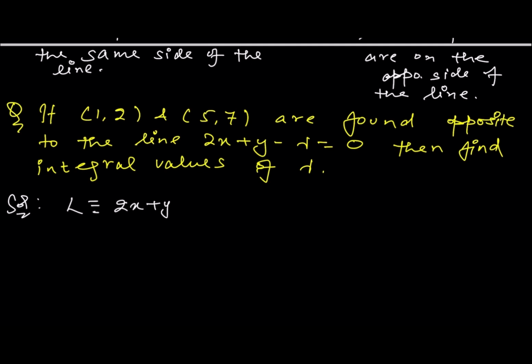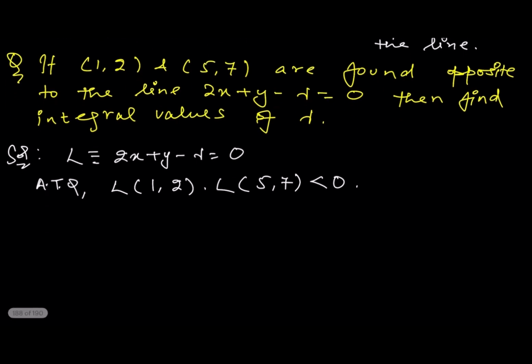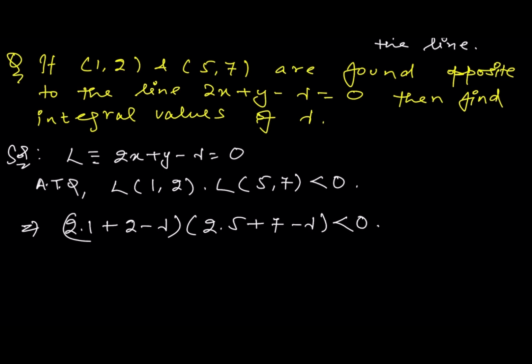So L is 2x plus y minus lambda is equal to 0. Now, according to the question, L of 1 comma 2 into L of 5 comma 7 must be negative because the points are on the opposite side of the line. It means (2 into 1 plus 2 minus lambda) into (2 into 5 plus 7 minus lambda) should be negative.